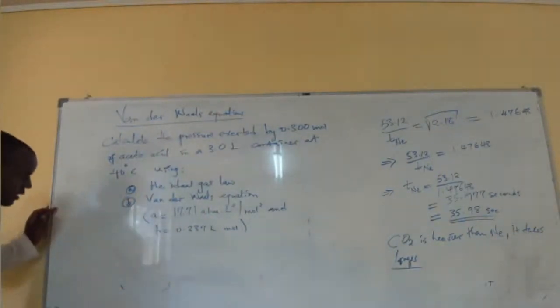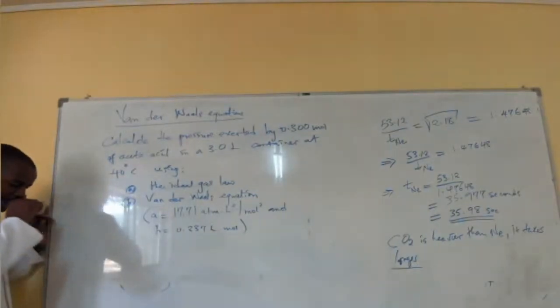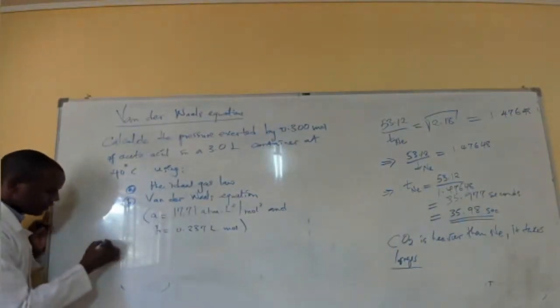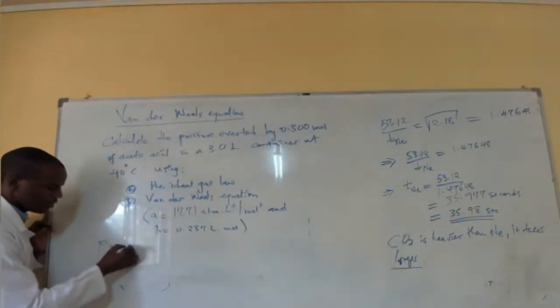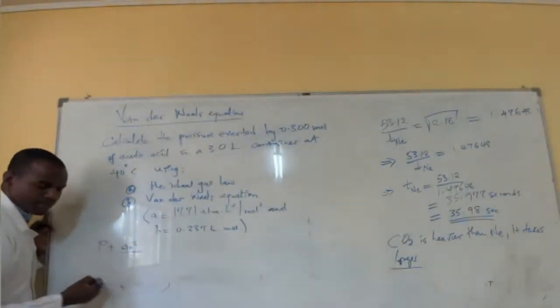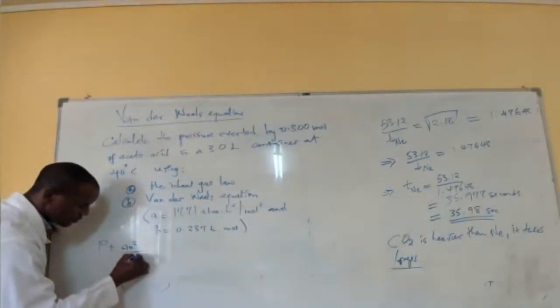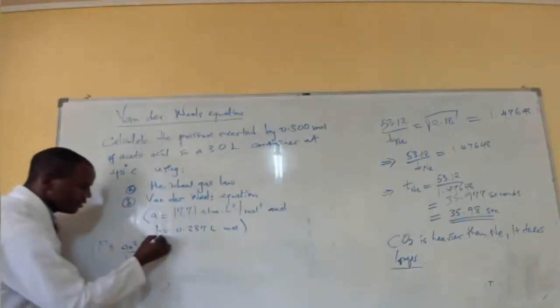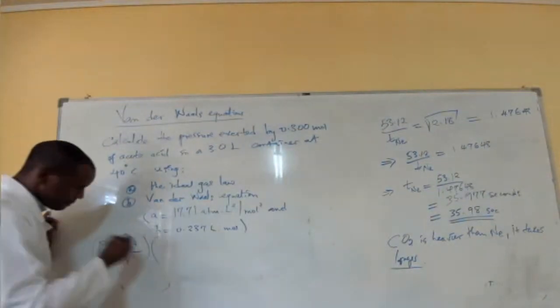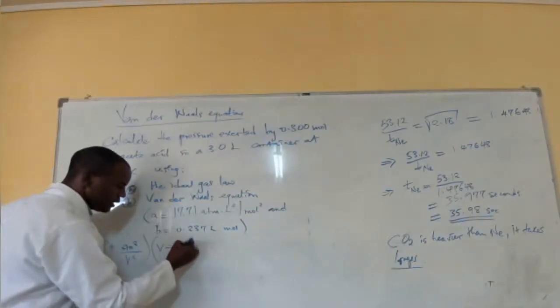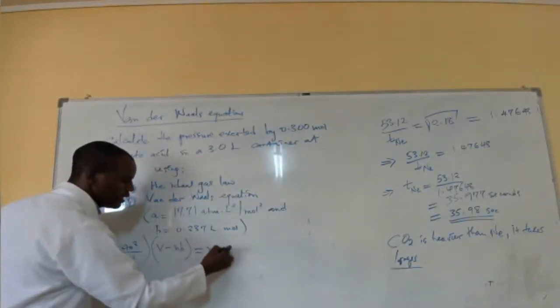So remember that for the van der Waals equation, we have P plus a n squared divided by V squared, multiplied by V minus nb, is equal to nRT.